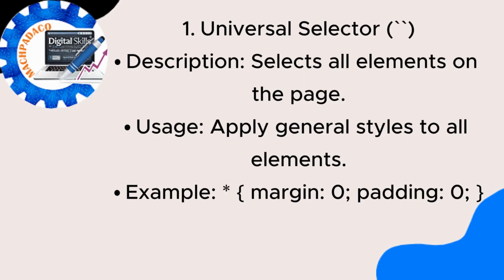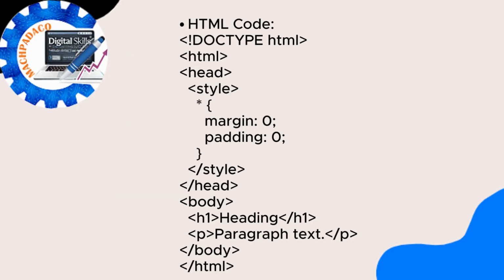For example, we use the asterisk as the selector, then we have curly bracket open, then we have margin: 0; then we have padding: 0; and curly bracket close. Let's practicalize it.